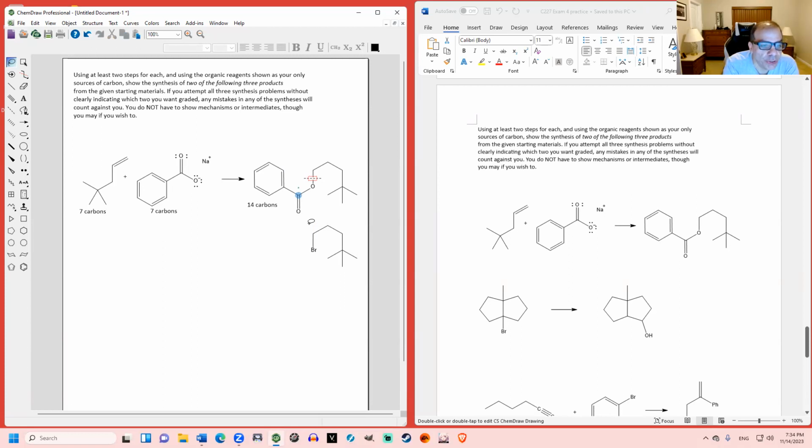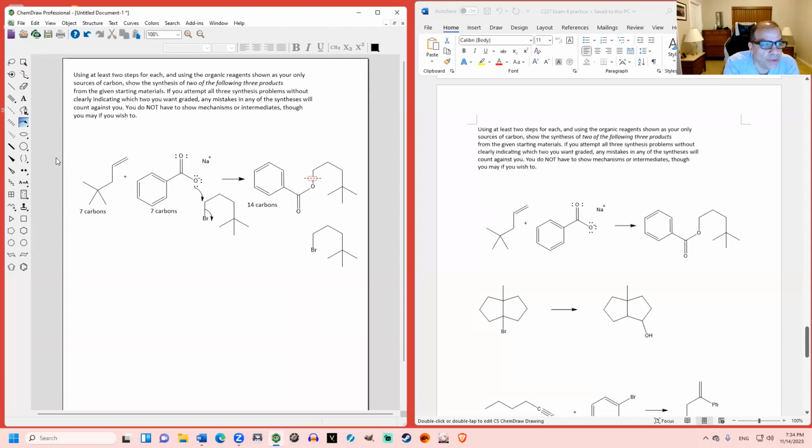It will undergo an SN2 reaction, and I'll prove it to you. This will attack right over here, break the carbon-bromine bond, and give you the product.